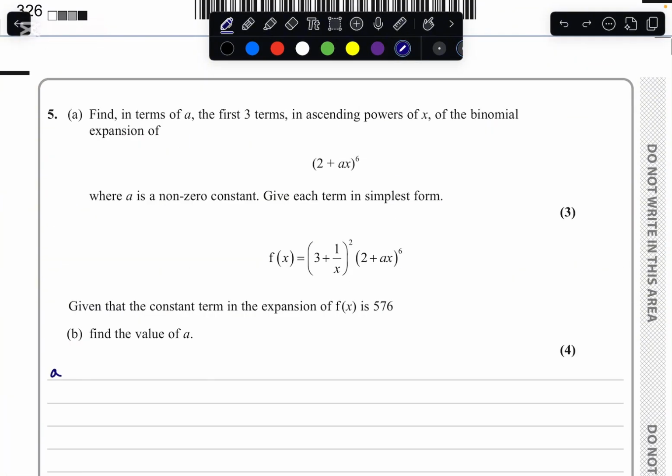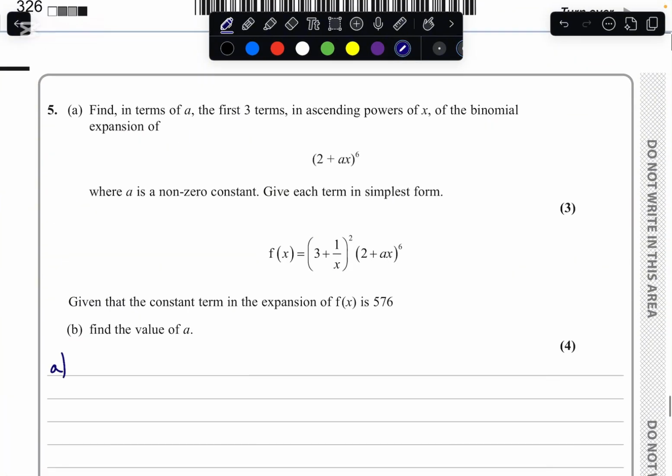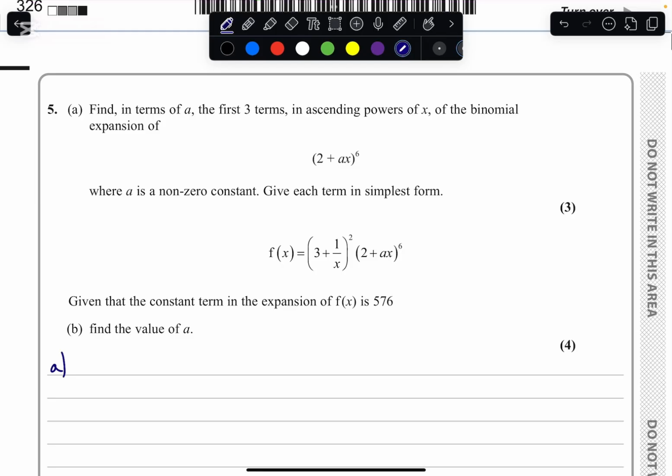Question 5. We need to find the first three terms in ascending powers of x of the binomial expansion of 2 plus ax to the power of 6. a is a non-zero constant. So we need to use the choose terminology.